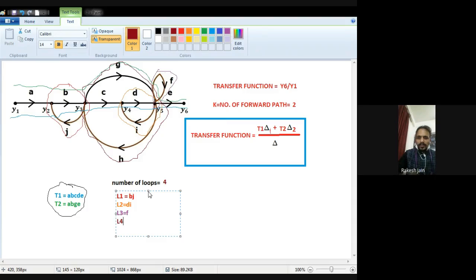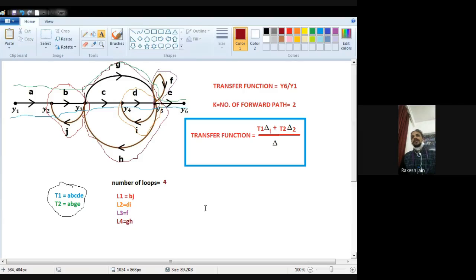Now the second loop, I see the orange color circle, and now I write down the gain of that orange color circle. I start from the y4 node and again reach at the y4 node. In between the journey there are two gains, one is D and one is I. So what is the total gain of this loop?